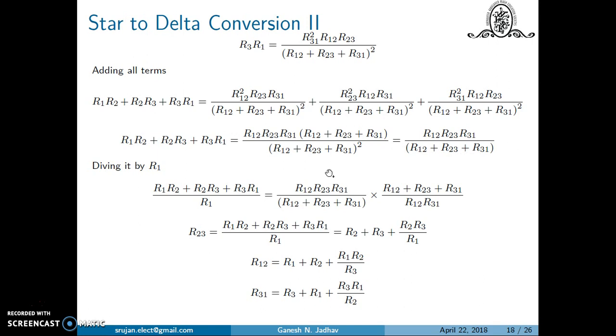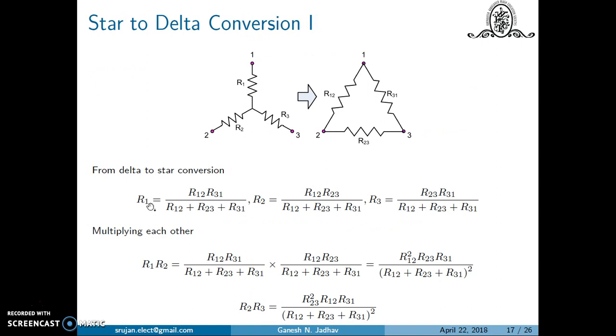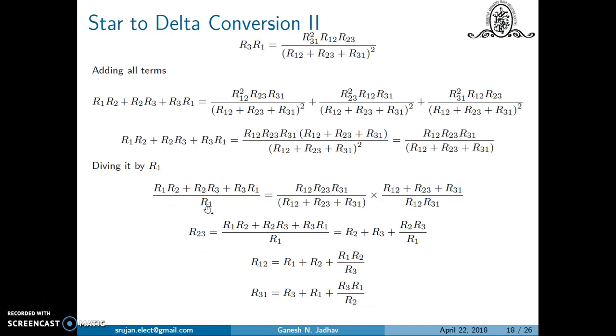Dividing all this by R1, we get (R1 R2 plus R2 R3 plus R3 R1) divided by R1 equal to this term. R12 will cancel with R12, and R31 will cancel with R31. What remains is R23.